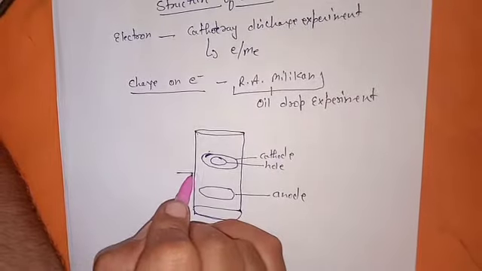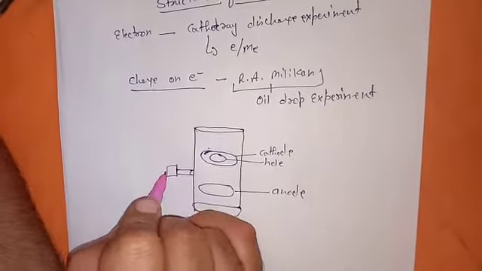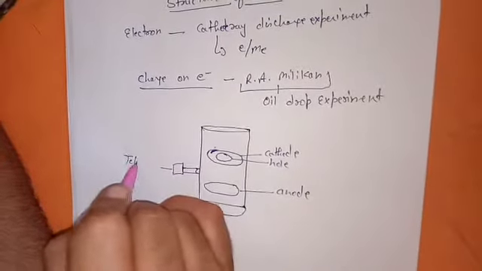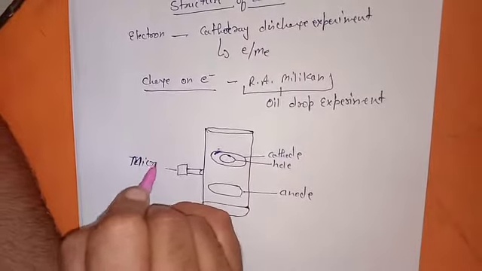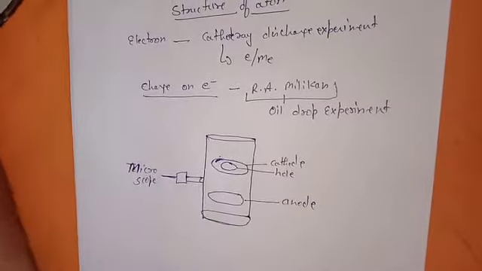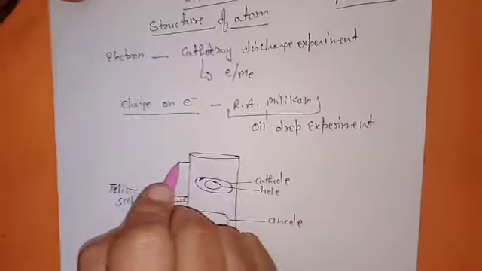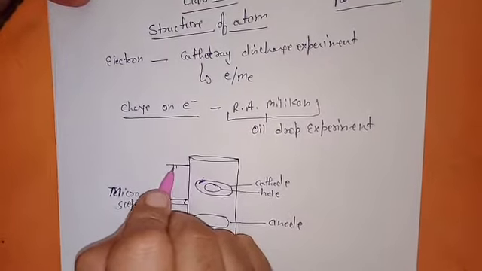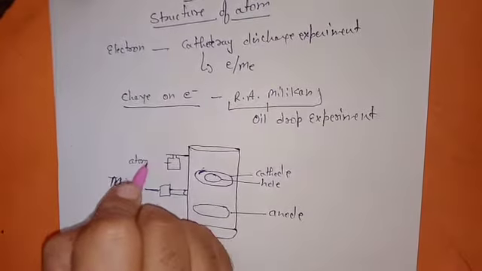Here you will place an object to see through, a telescope, or you can say a microscope. You need an ultra microscope here, because the particles we are discussing are quite small. Here they have also suspended something which they have termed the atomizer.